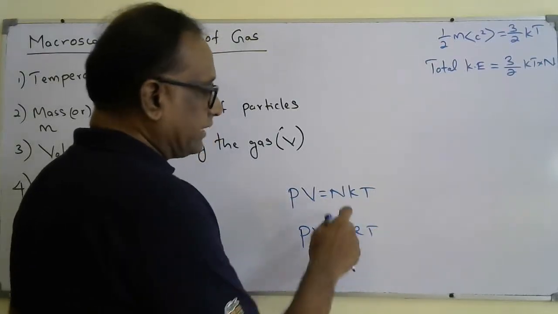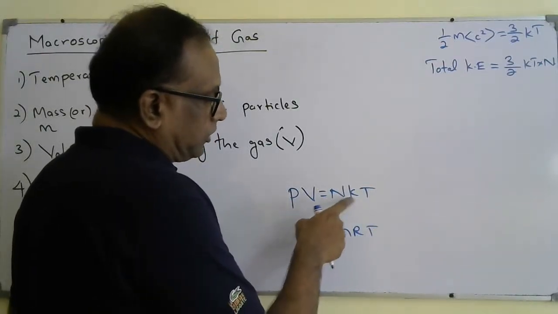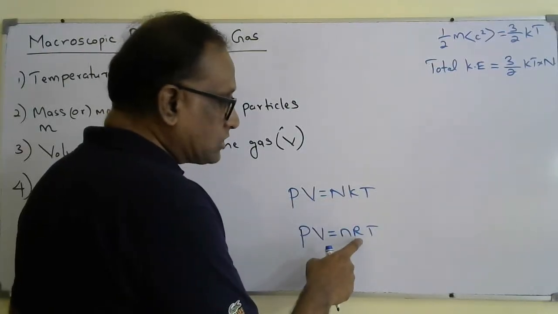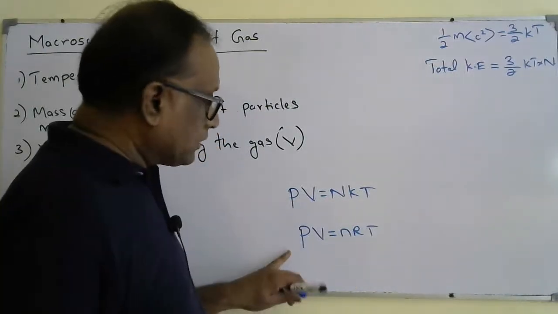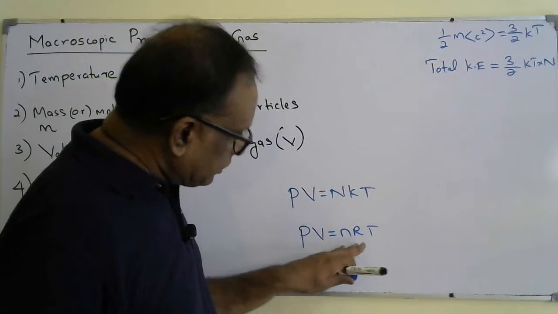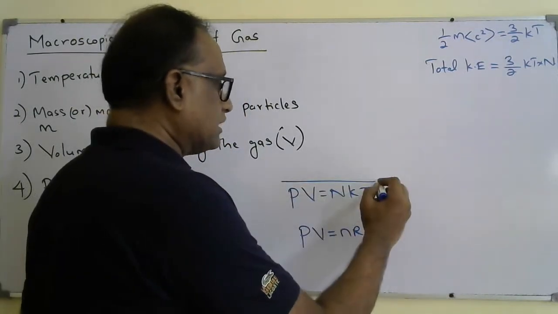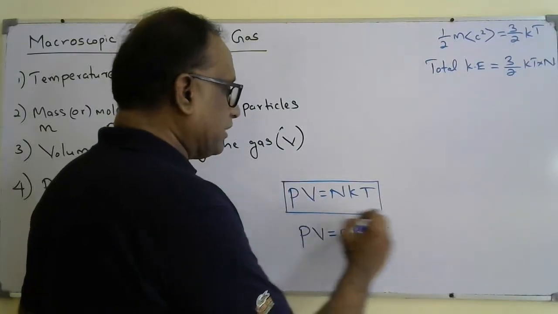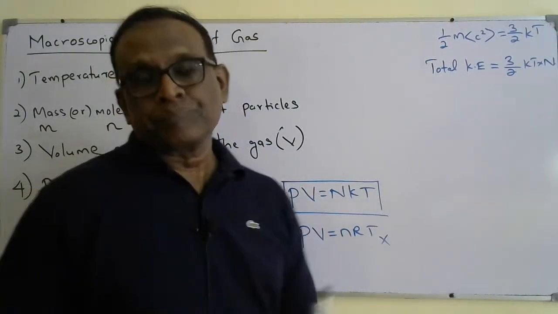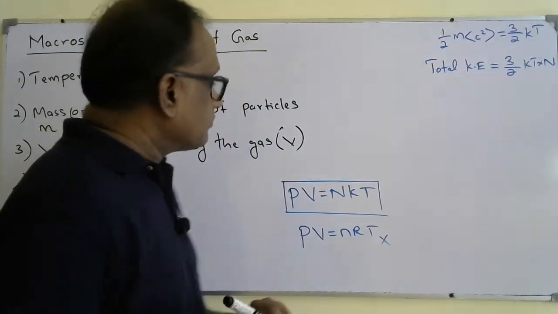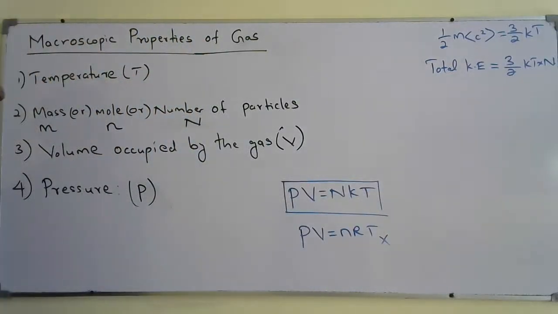Both are the same. Here the only difference is number of molecules with Boltzmann constant, number of moles with universal gas constant. One is just another version of the other, so that is nothing different. But in your syllabus, mostly the questions come based on PV equal NKT, not on this one. Anyway, in which anything can change. That's the way the combinations are there.